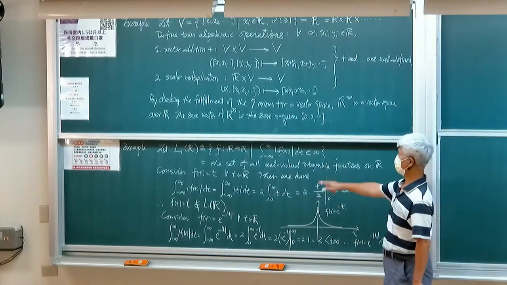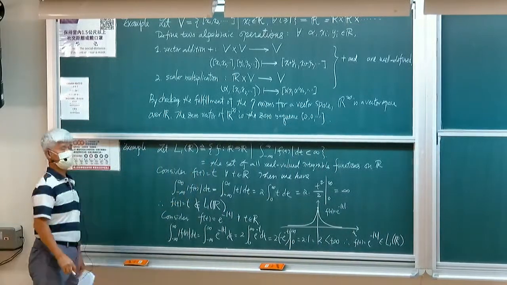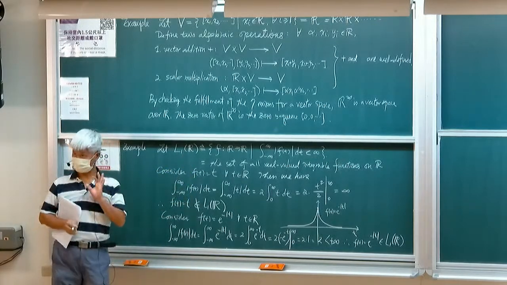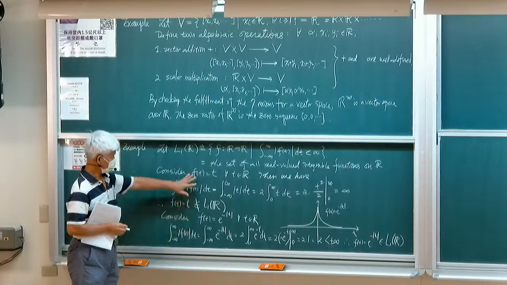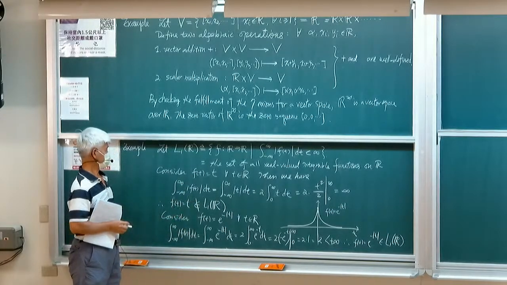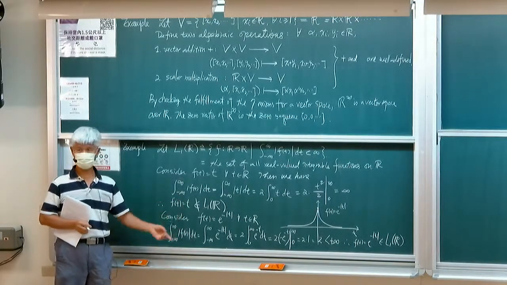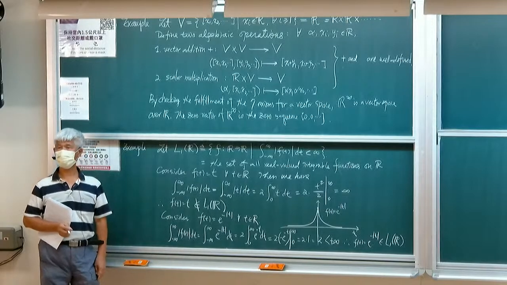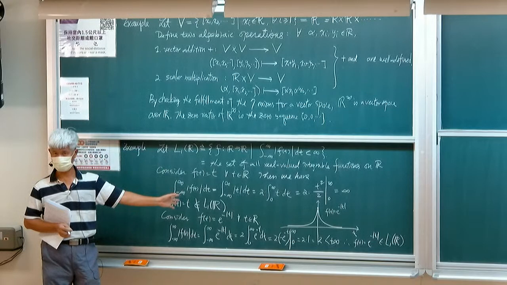Okay, so you just check that this set does not contain some famous functions like this one. Actually, any polynomial function of t cannot be in here. We can show that.